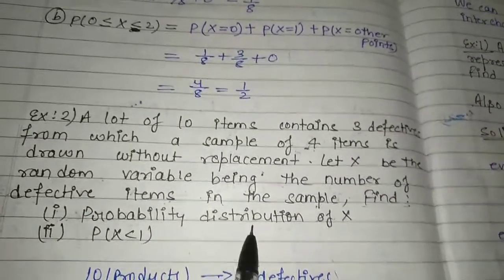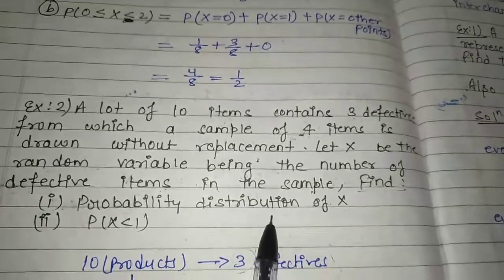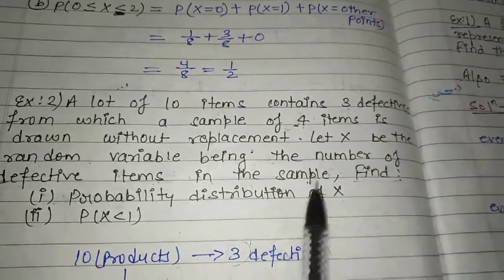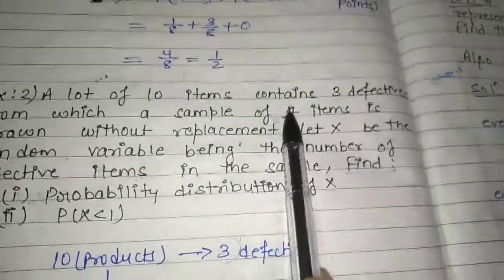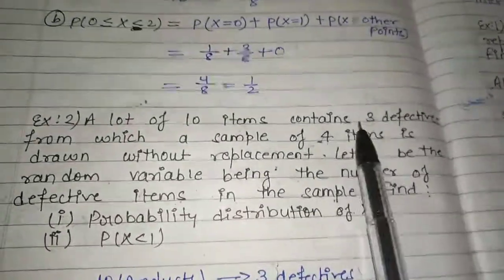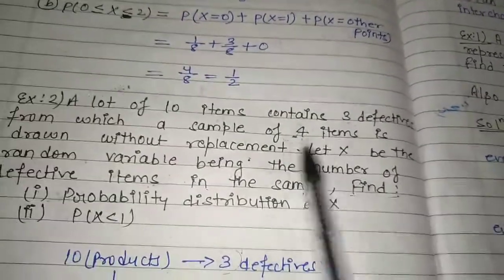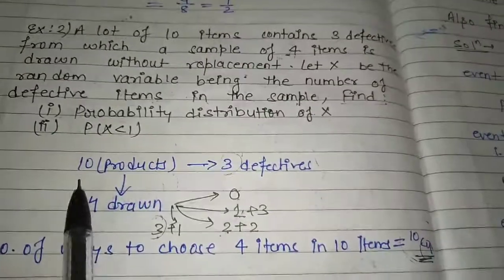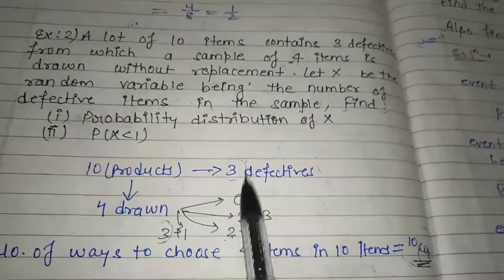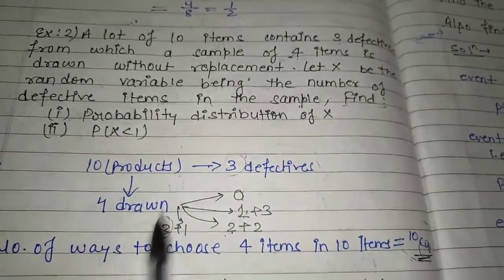For a probability distribution, we need to find the probability of every possible event. First we need to understand what the question says. There are 10 products in which 3 are defective and we draw 4.